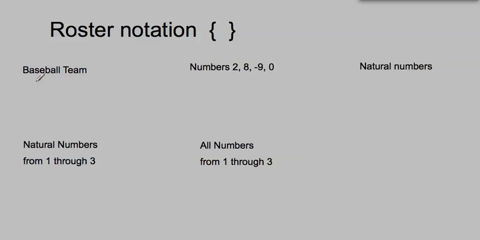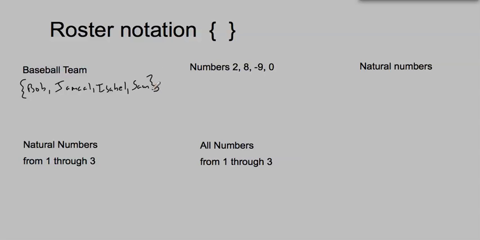If I'm building a baseball team and I've only got 4 players right now, I've got Bob, Jamal, Isabel, and Sam.